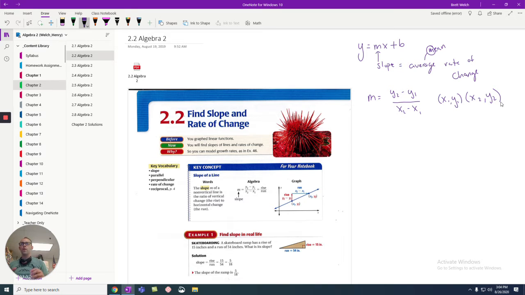The order of which ordered pair is x1, y1 and which one is x2, y2 doesn't matter, as long as once I start my equation and I define what y2 is, I have to be consistent with the x. In other words, this y2 has to be associated with that x2, and this y1 with that x1.